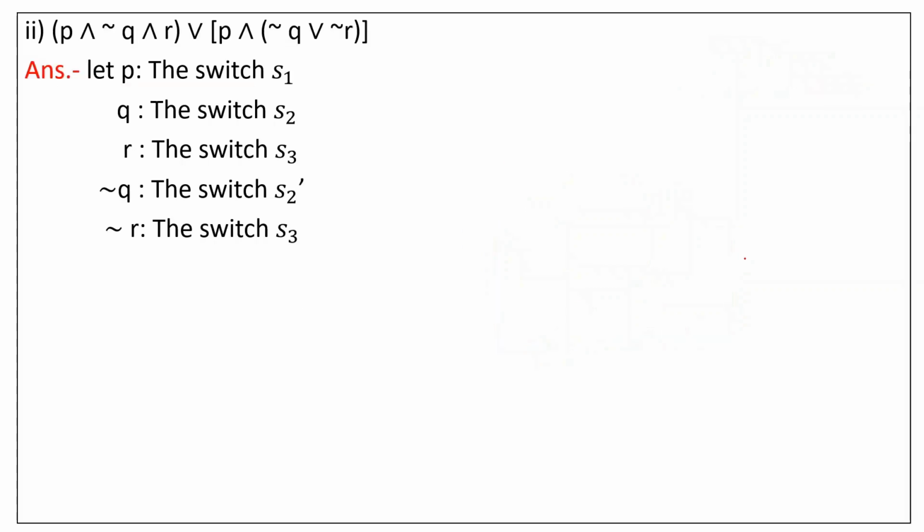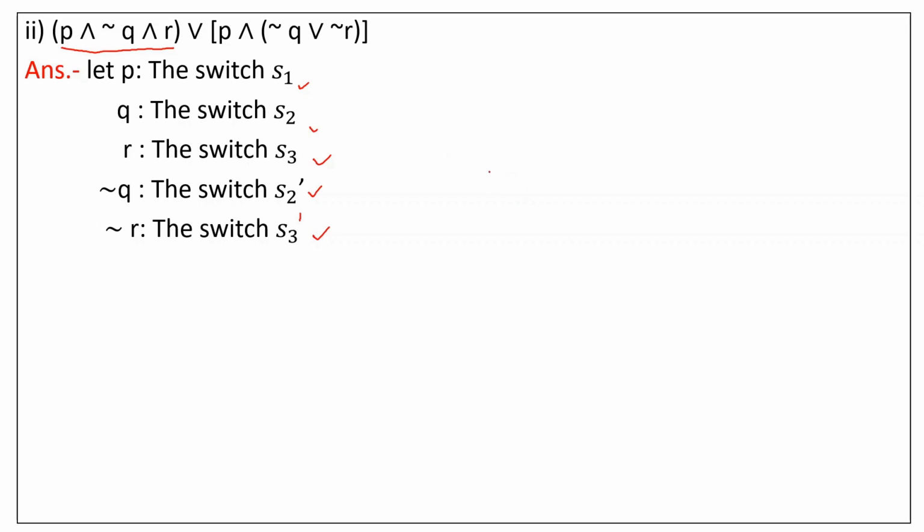Next, again we have to draw a switching circuit. So I write this P as S1, Q as S2, R as S3, negation Q as S2 dash, negation R as S3 dash. Okay. So what will be this? First we will draw this bracket.